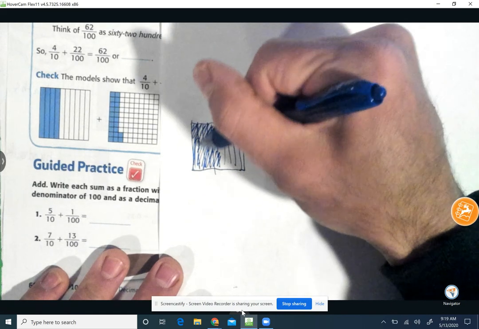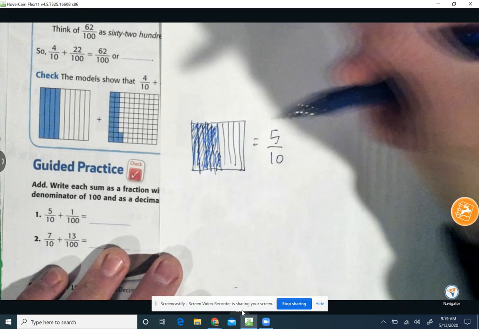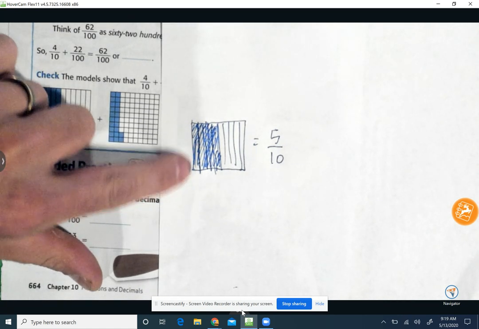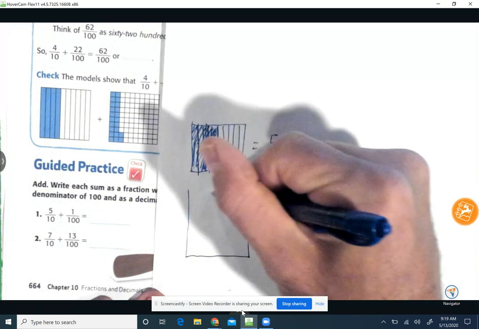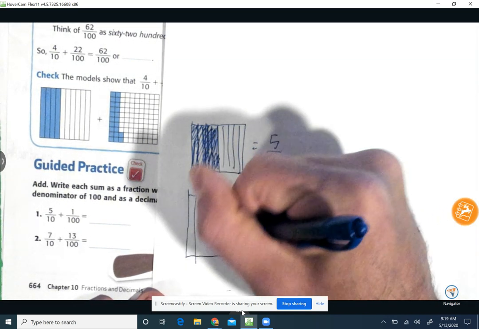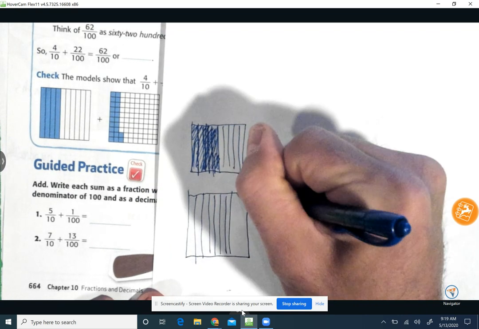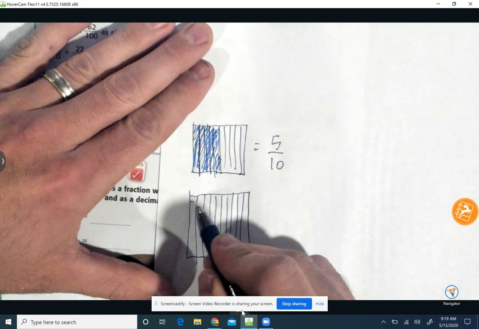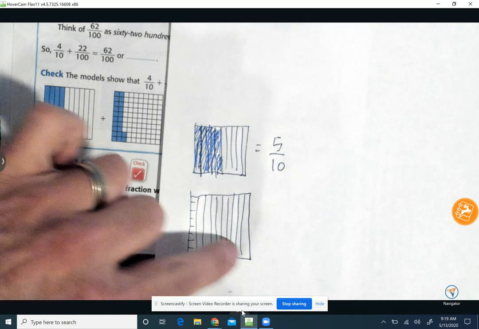Now we can ask ourselves, we want to change this to 100ths. And in order to do so, we just need to ask ourselves, how many little tiny cubes are in each one of the 10 bars? 1, 2, 3, 4, 5, 6, 7, 8, 9, 10. Okay, and there are 10 little cubes in each one of these bars.